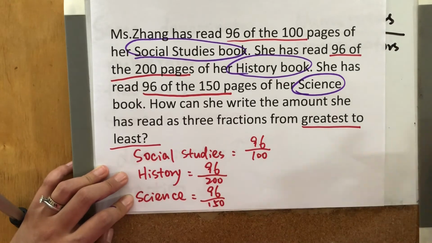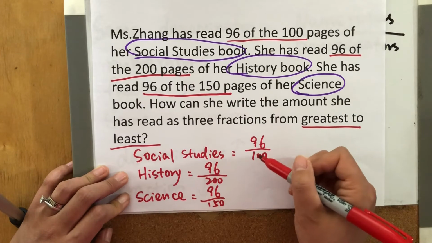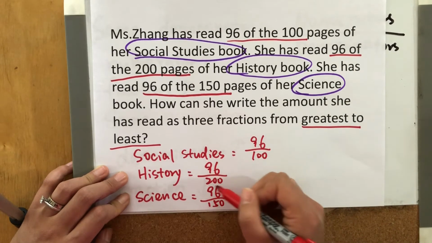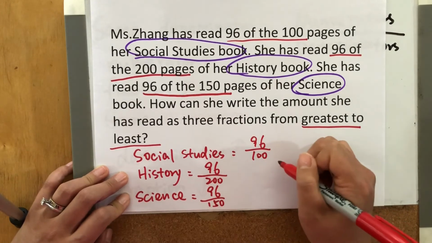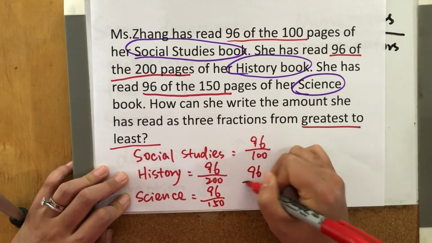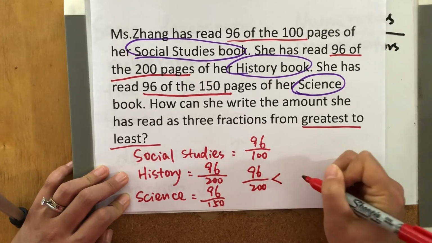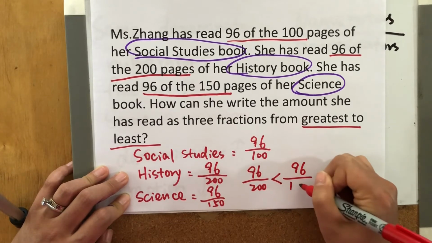Do you remember the conclusion we drew last time? If your numerator is the same, the greater denominator, which is 200 here, is the smallest. So 96 over 200 is the smallest. It's smaller than 96 over 150.